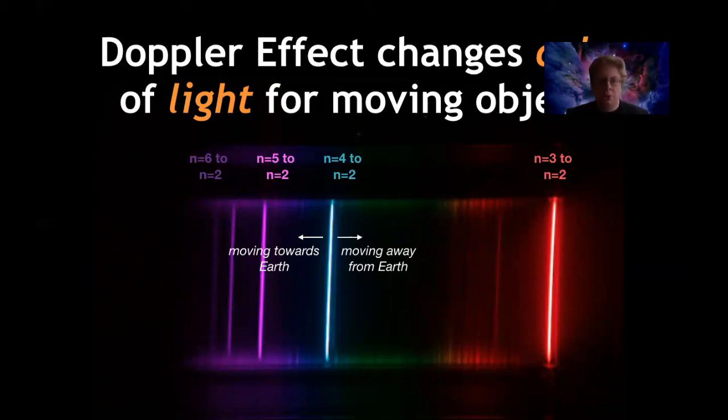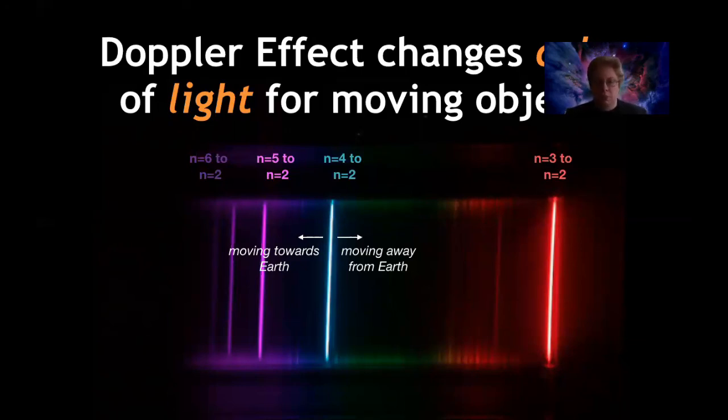So think back to our lecture on light, where we showed that the elements produce characteristic colors of light, which are determined by quantum mechanics, by the Schrödinger equation itself. What if you are emitting light from hydrogen atoms, but these hydrogen atoms are moving towards or away from us? What you'll get is a shift in the exact position of these lines.